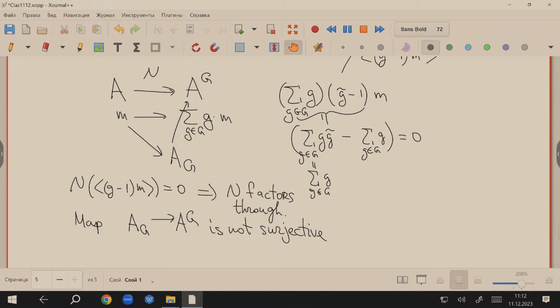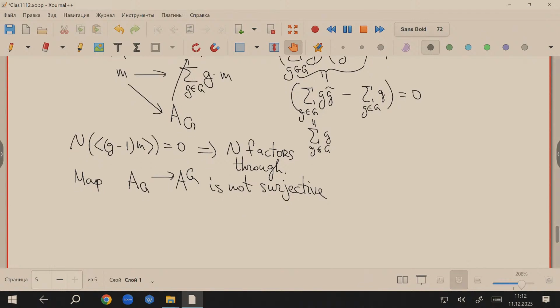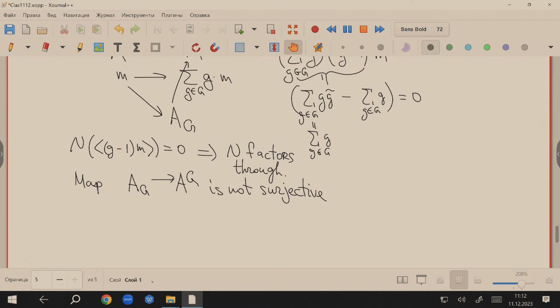So instead of writing down these, you have a kernel, and here you have this norm map, and here you have the kernel and the cokernel of this map. So that you have the kernel of N, and the cokernel.